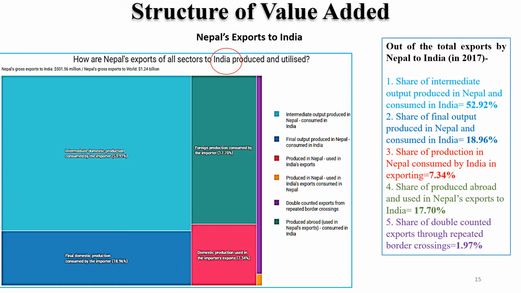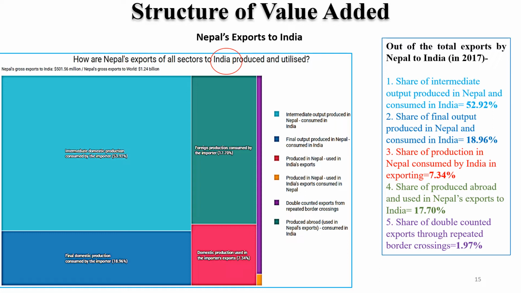These are intermediate goods being used in India, which is around 52.92%. And the share of final output produced in Nepal and going to India is around 18.96%. So 52% goes as intermediate goods and 18.96% goes as final output.